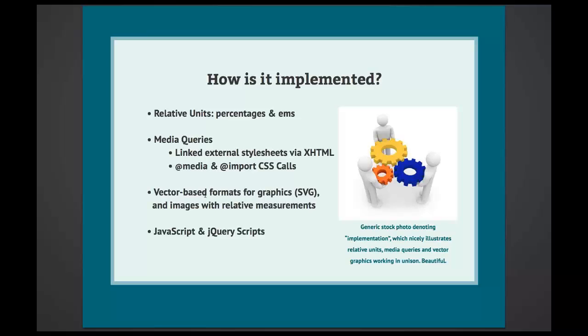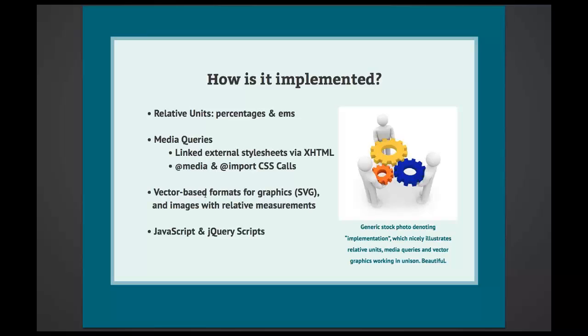So you can use scalable vector graphics for all screen sizes, and those allow images to scale up or down in size. And then there's also the ability to use JavaScript and jQuery scripts. This is beyond my realm, so I won't be touching on this today, but maybe in the discussion, if anyone has experience with JavaScript or jQuery for responsive design, we can discuss that and maybe get some scripts.